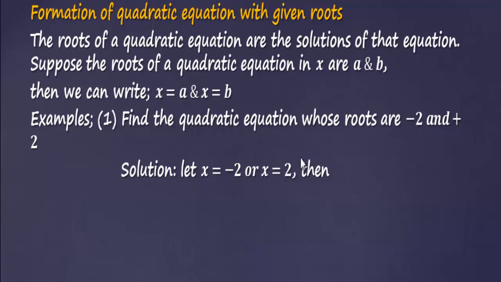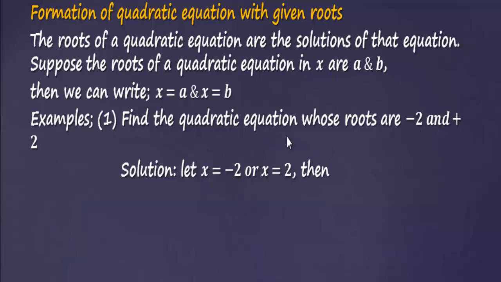This is what we are saying. If we have the roots like this, then you can take any letter. It means that any letter you take is either equal to minus 2 or the same letter is equal to 2. Are you getting it now?